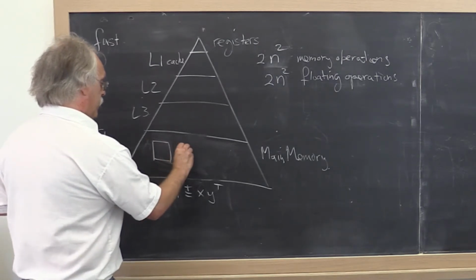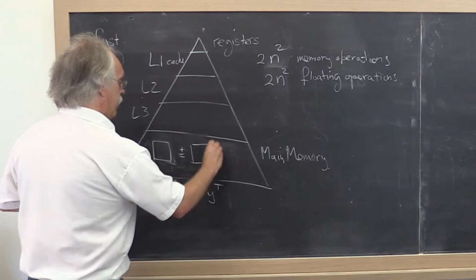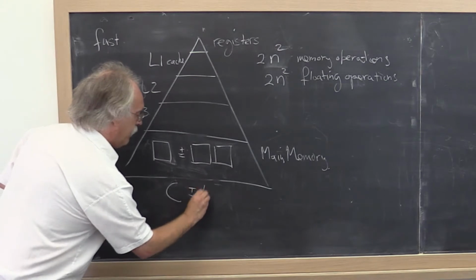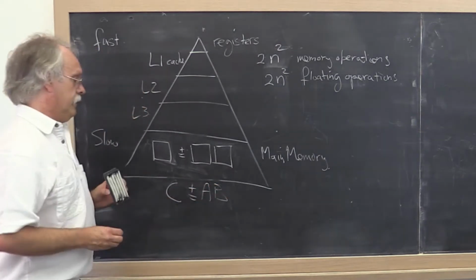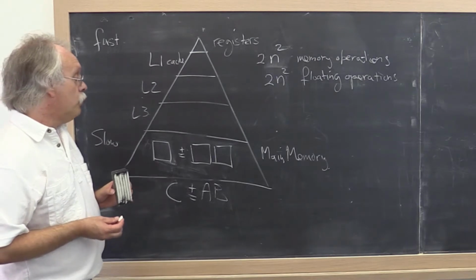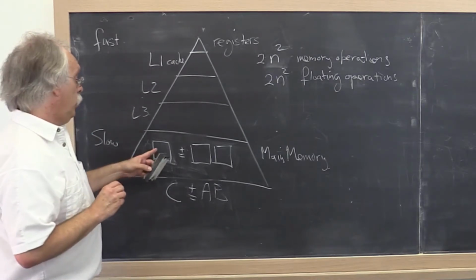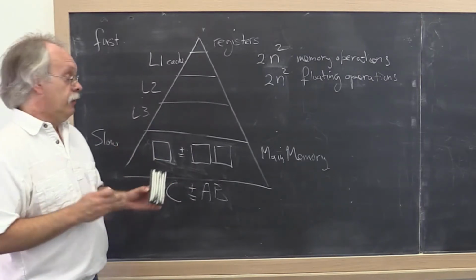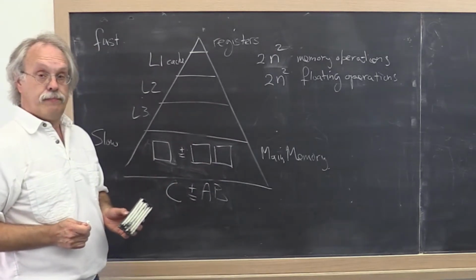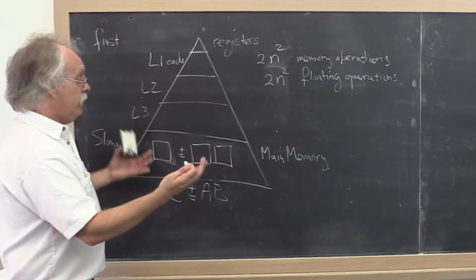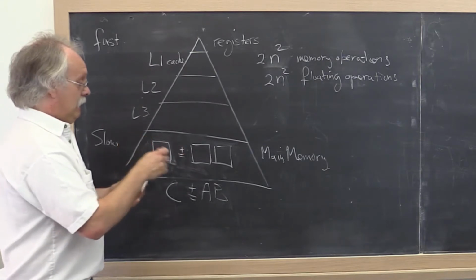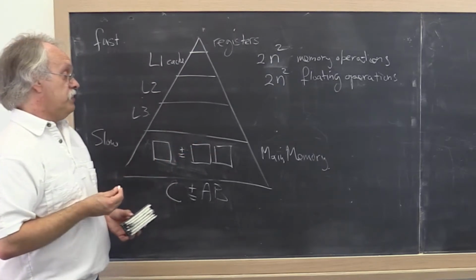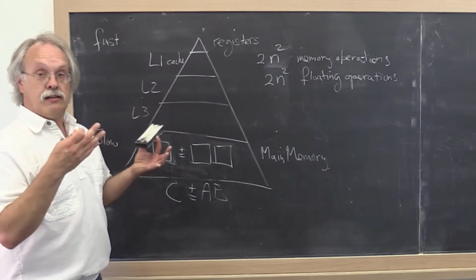Well, then we have a matrix C that's being updated by the product of two matrices, C plus equals A times B. If you paid attention, you notice that the matrix-matrix multiply can be implemented as a matrix vector multiply for every column of B. And what that means is that if each of these matrices is n by n, the number of operations that you need to perform is inherently 2 times n cubed.